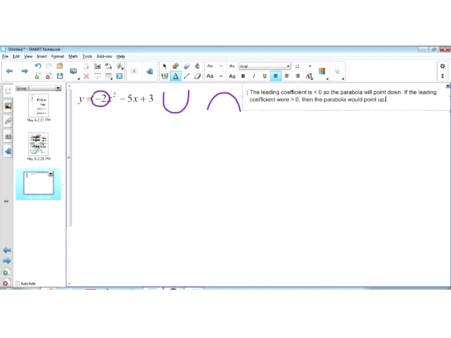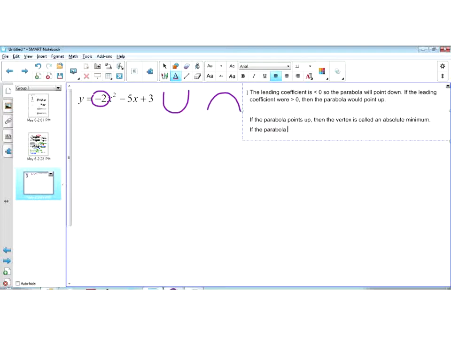Another consideration to make is what this means in terms of the vertex. If the parabola points up, then the vertex is called an absolute minimum.